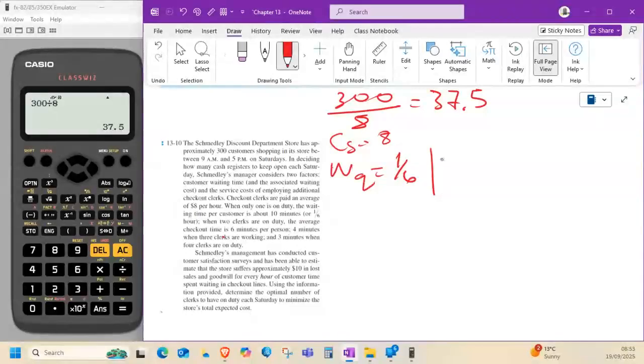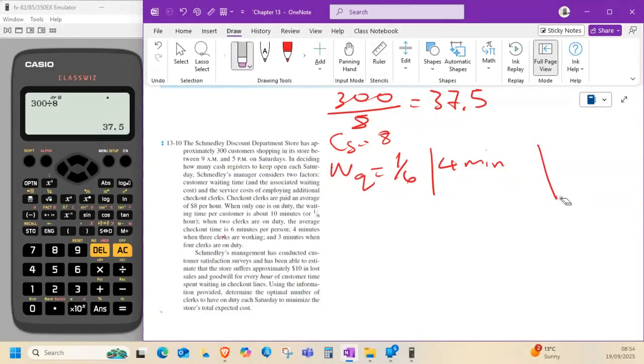So you need to be able to say, okay, that is 4 minutes when there are 3. The waiting time is 4 minutes. We want to say waiting time is in hours.